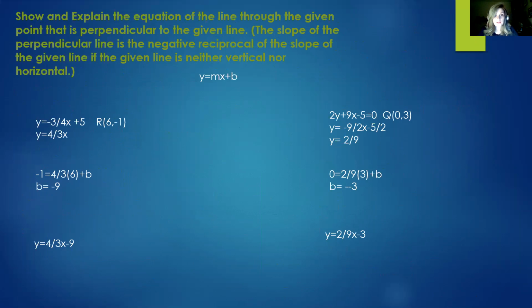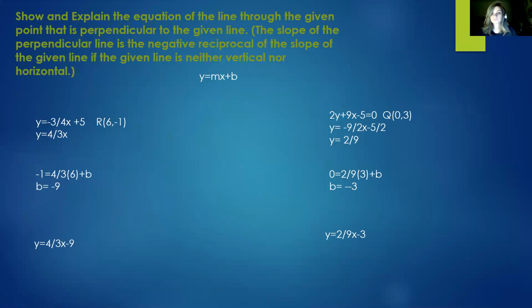So they have given us this equation and these coordinates. To find the perpendicular line, we're going to find the negative reciprocal, which reciprocal is just kind of the opposite, like we're flipping it. So for this, we'd flip negative 3/4 to 4/3, and the negative means we're basically multiplying it by negative 1.